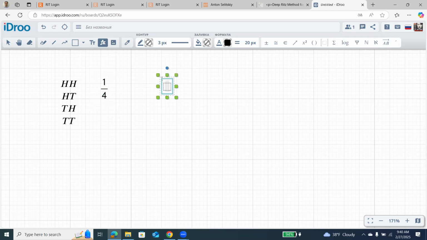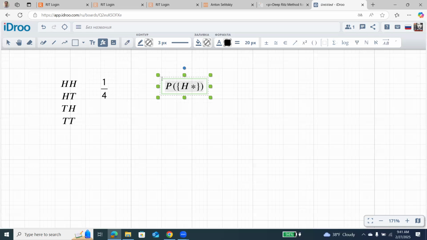Now, how can we write this in terms of probability? We can write that we have an event, for example, with probability 1/2. For example, if we had heads on the first flip, then we don't care what was the result of the second flip. And what is the probability of this event? 1/2, yes.